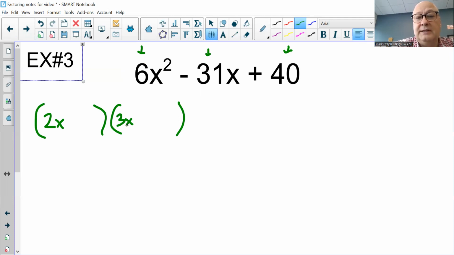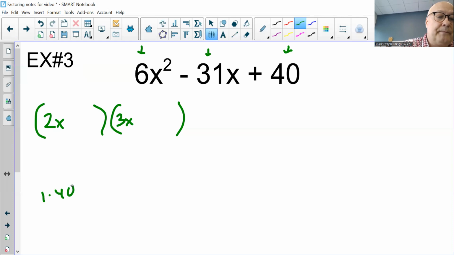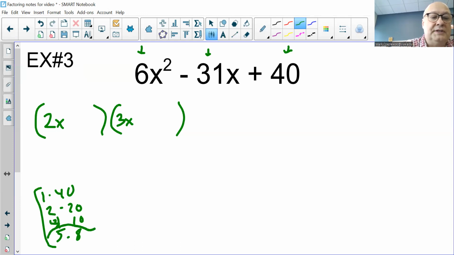Try the closest ones together. 40 is a complicated one. 1 and 40, 2 and 20, 3, nope, 4 and 10, 5 and 8, 6, nope, 7, nope, 8. Okay, I'm back to 8 and 5. So this is my list. Try the one closest together first because you'll have less guessing and checking to do. So I'm going to try 5 and 8.